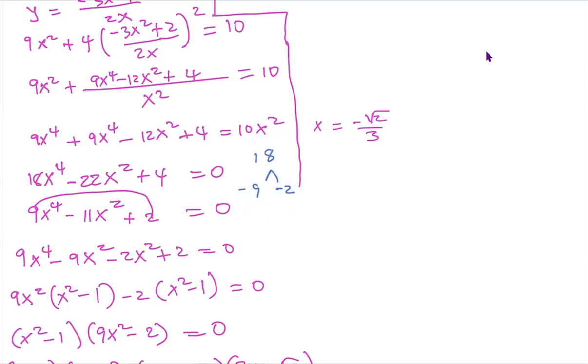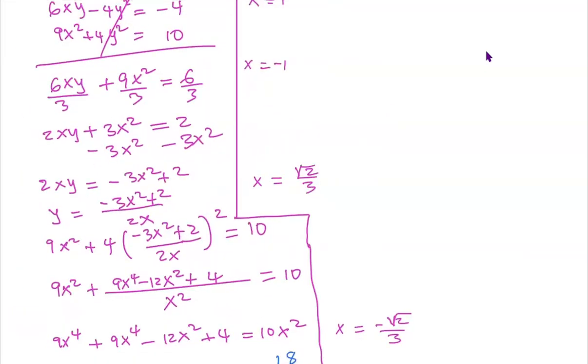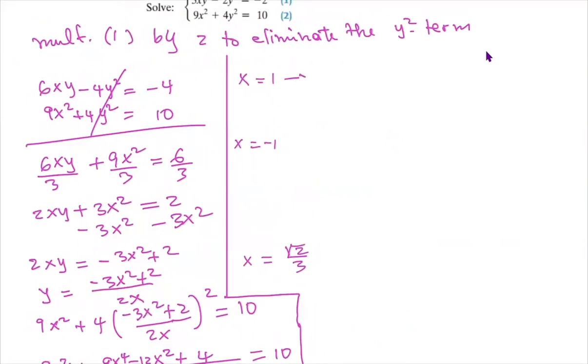So now let's go. For x equals 1, this is where we're going to replace them. We're going to have y equals negative 3 times 1 plus 2 over 2 times 1. That equals negative 1 over 2, right? So you have a solution, x equals 1, y equals negative 1/2.